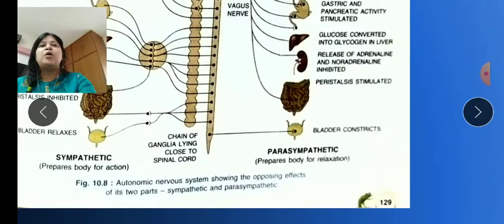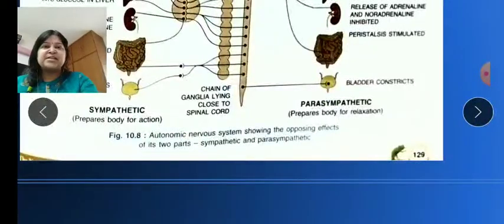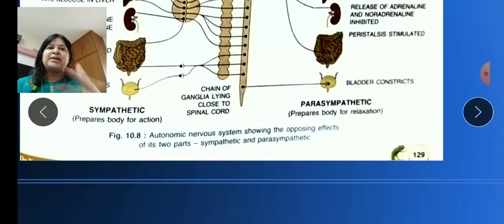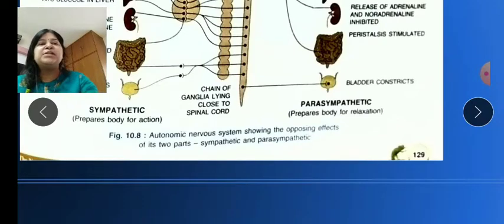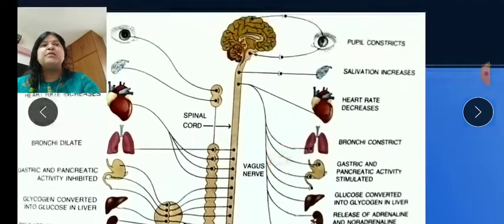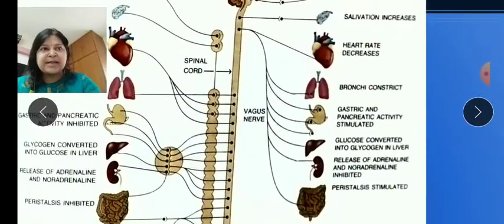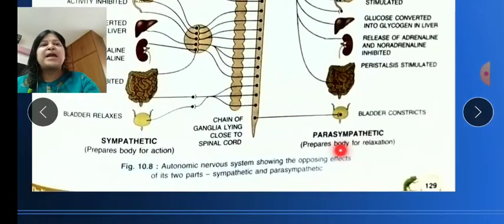All these symptoms arise during that sympathetic nervous system, and after you go through that action, after a few minutes our body automatically prepares for relaxation, okay, or as I said, it becomes normal. Every body part works normally in that case. That is called parasympathetic.